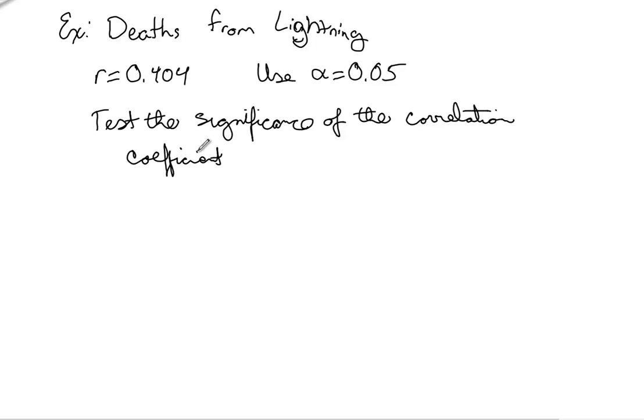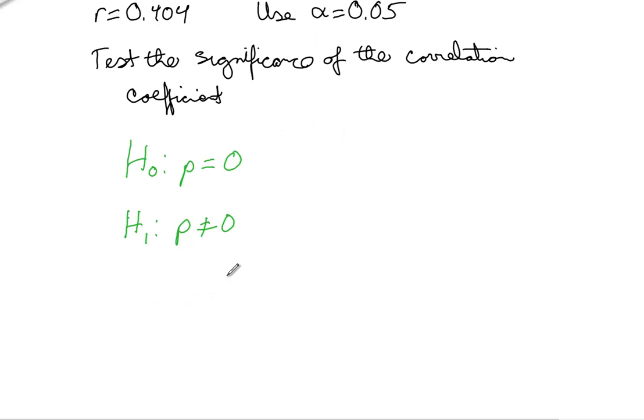If we're just wanting to test whether there is any significance, we're going to use H naught: rho is equal to 0 and H1: rho is not equal to 0. Now recall from our chart that our n was 7. So the degrees of freedom is n minus 2, which is going to be 5.